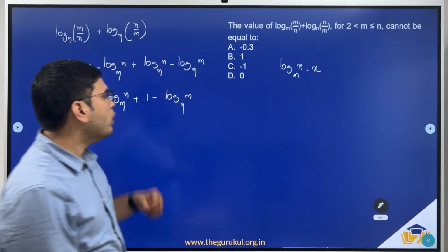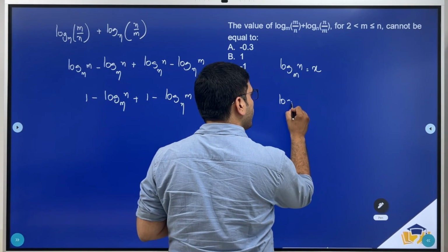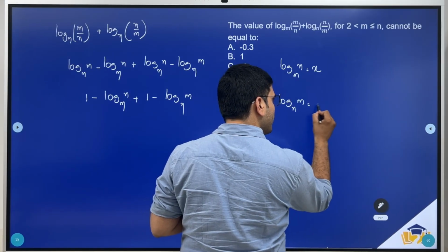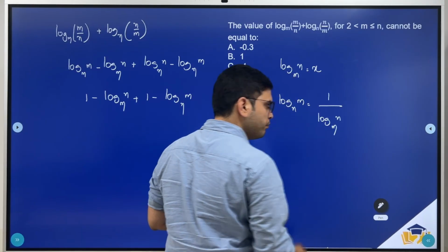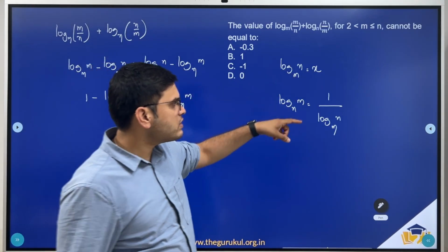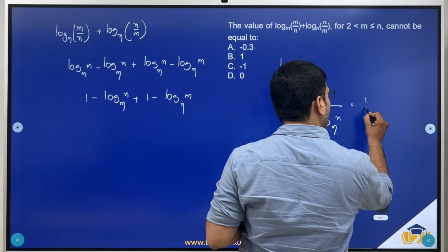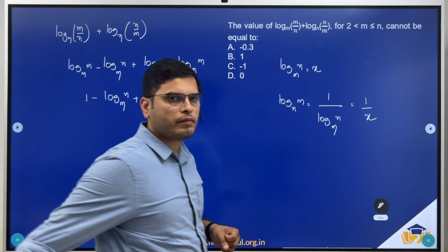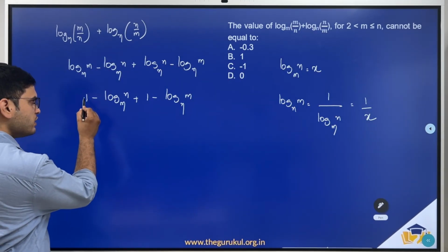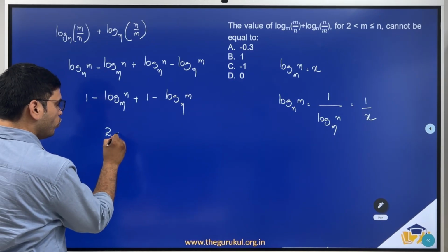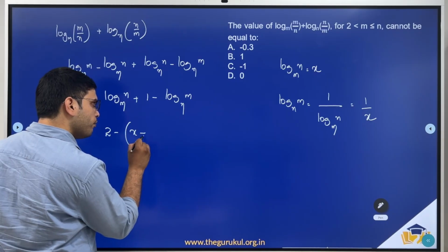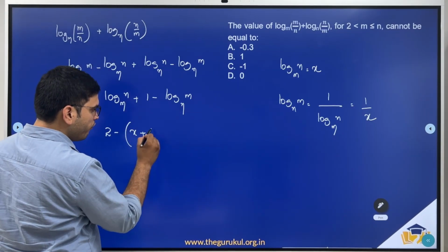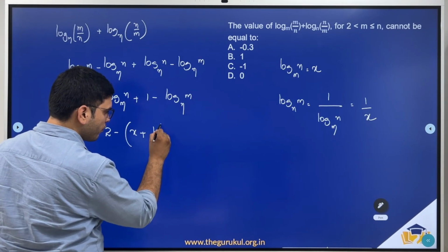Then log m to the base n is nothing but 1 by log n to the base m, which is 1 by x. So here I write this as 1 plus 1 is 2, minus log n to the base m, which is x, plus log m to the base n, which is 1 by x.